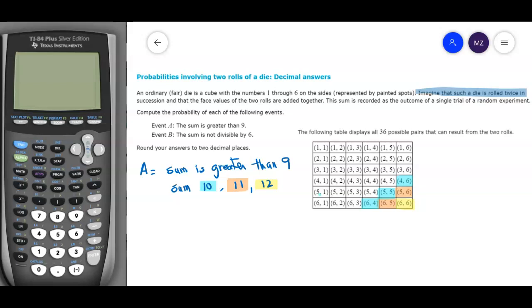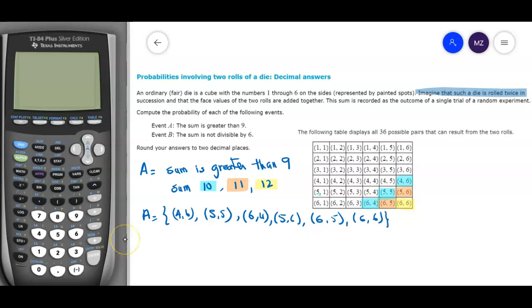So the set A would be all these possibilities: 4, 6, or 5, 5, or 6, 4, or 5, 6, or 6, 5, or 6 and 6.